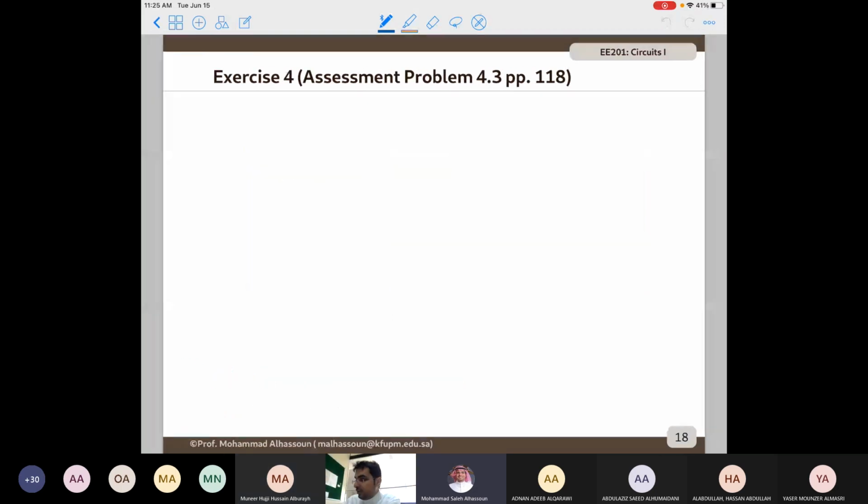If I simplify it, I will end up with minus 1/2 V1 plus 3/4 V2 plus 3I1 equals 5. This is the second equation.